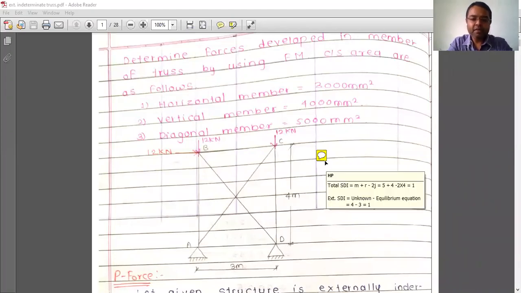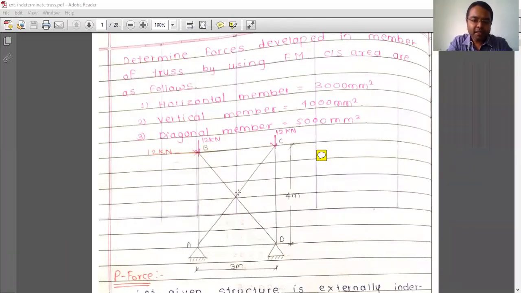So first of all we will find the total SDI of the structure, M plus R minus 2J. The number of members is 5. The joints considered are A, B, C and D. I do not consider the intermediate points as joints. If I considered them as joints, I would have to consider each member separately.